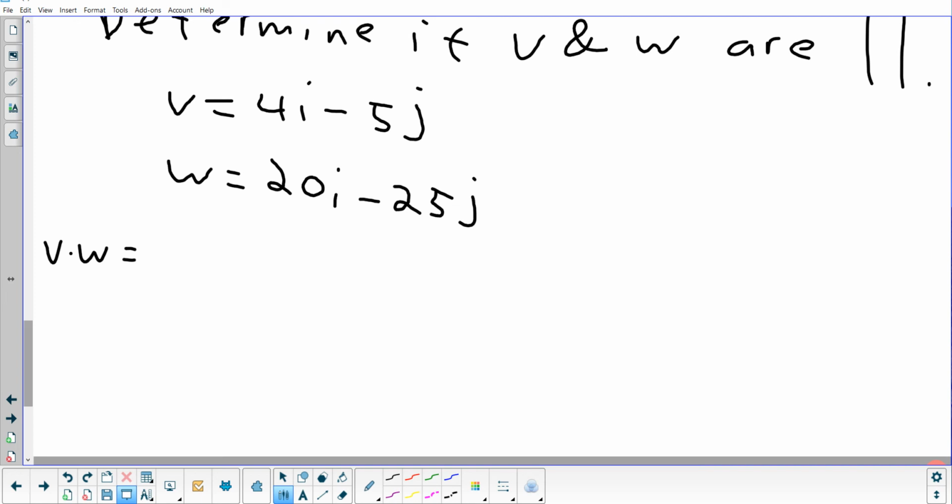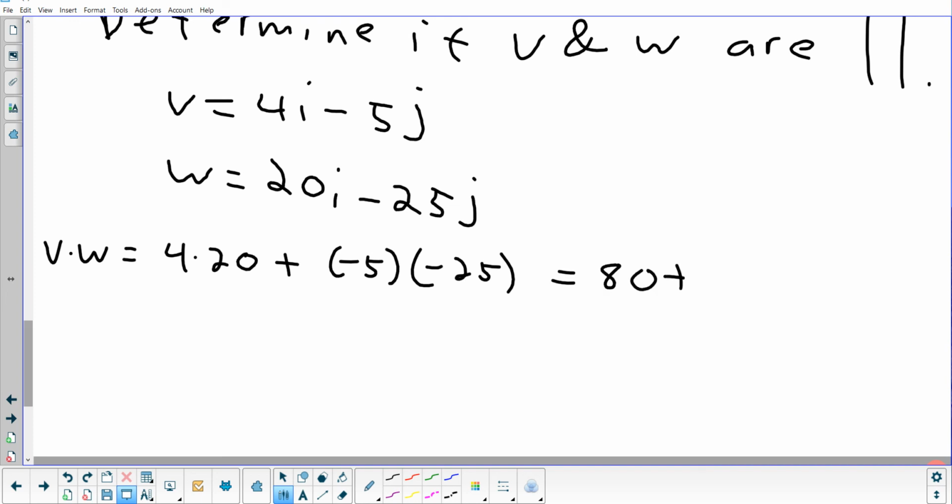First two numbers multiply together. 4 and 20. 4 times 20. Plus, next two numbers, 5 and 25. Negative 5 times negative, oh sorry, negative 5 times negative 25. That's why I put parentheses so we don't confuse it with subtraction. And 4 times 20 gives me 80. 5 times, with the negatives cancel, 5 times 25. And when you add that up, 205.